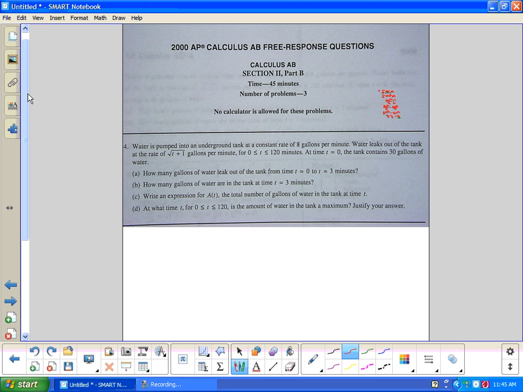So I would probably write this. And they don't have a function name, do they? So I would say water at time t, where W(t) is gallons in tank at time t. Water in tank is equal to water at 0, do you agree?